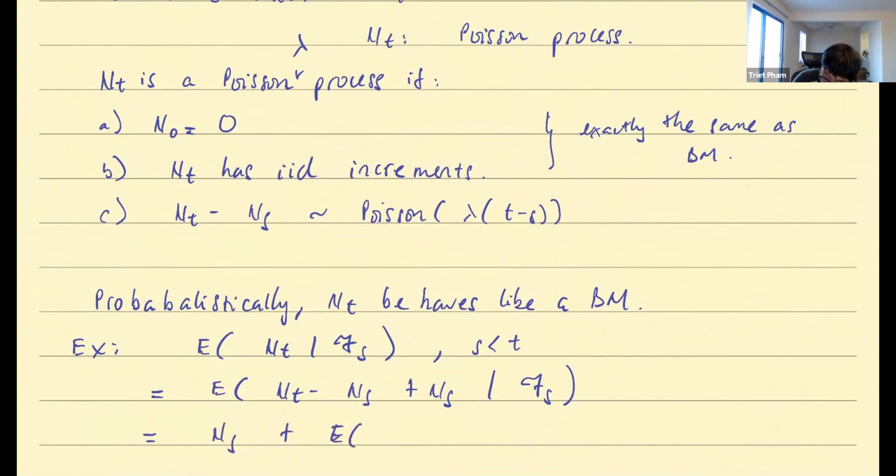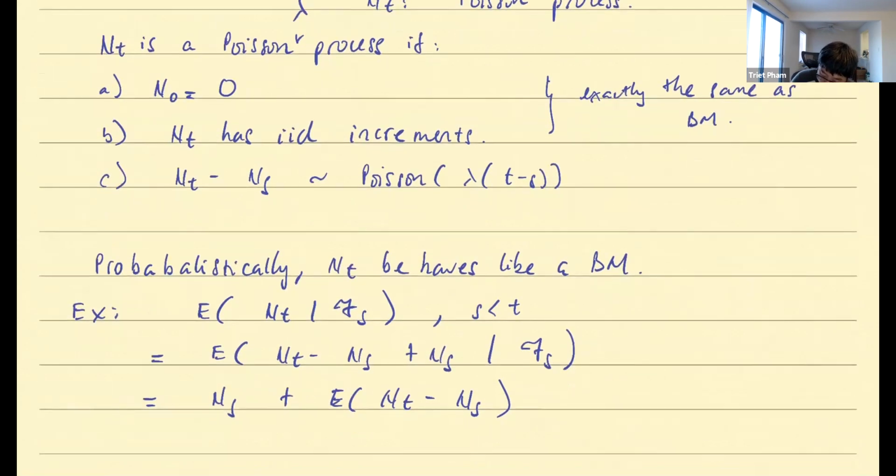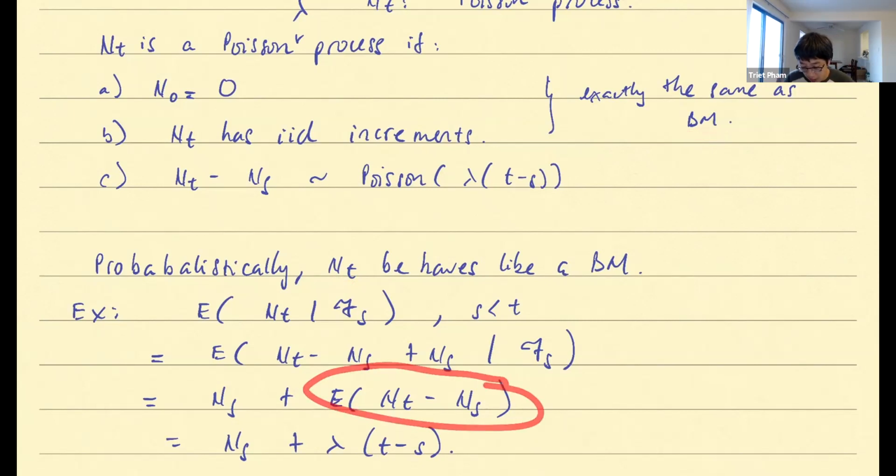And then you would use the independence to drop the conditional expectation, and then you'll get this to be, right. So the probabilistic calculations that involve Poisson process should follow exactly the same procedure as you would do with the Brownian motion. The only difference, of course, is when you start to compute the explicit distribution, then instead of using normal, you use the Poisson. But anything else would be similar.